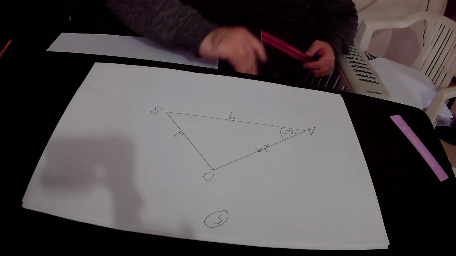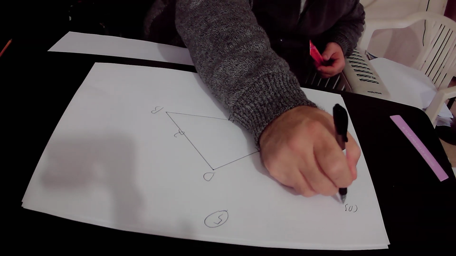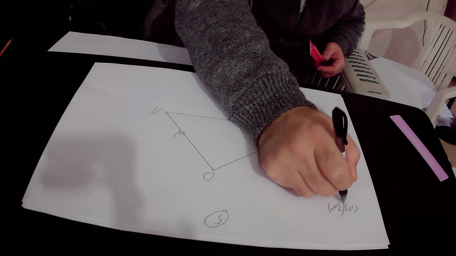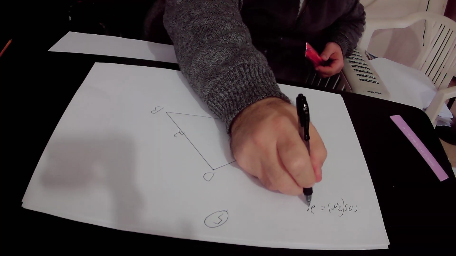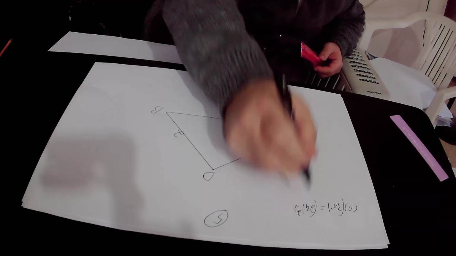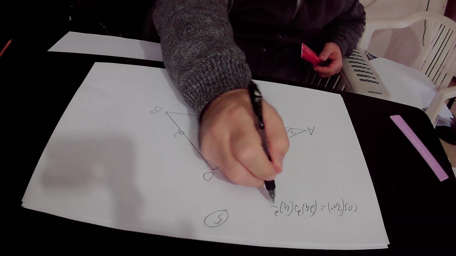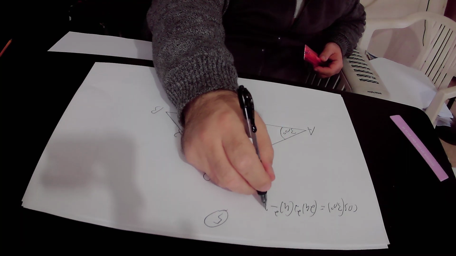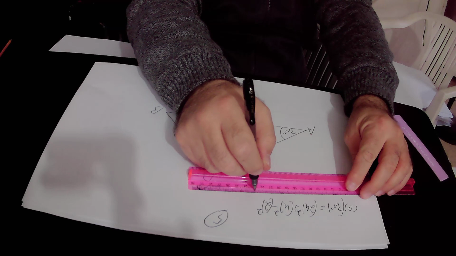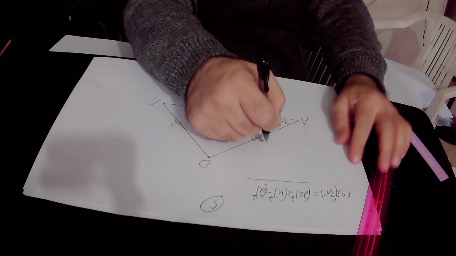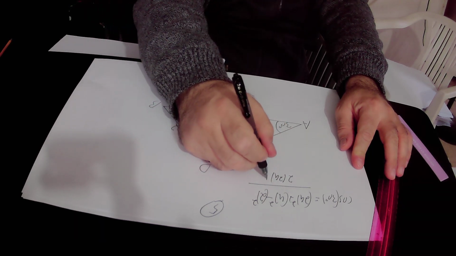According to the law of cosine, cosine 30 degrees will be equal to 2A squared plus 4 squared minus 2 squared over 2 times 2A times 4.